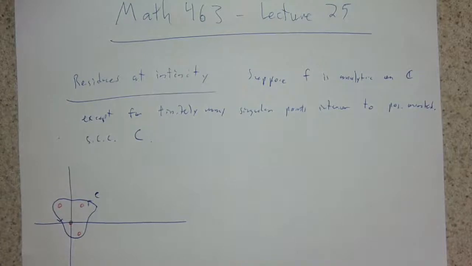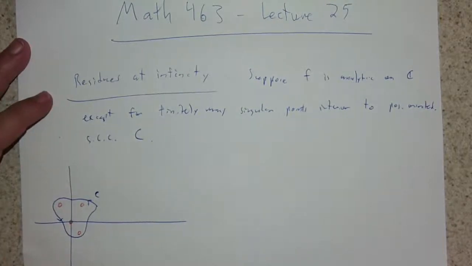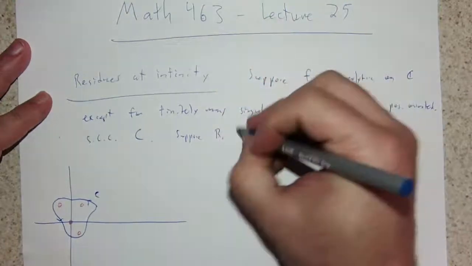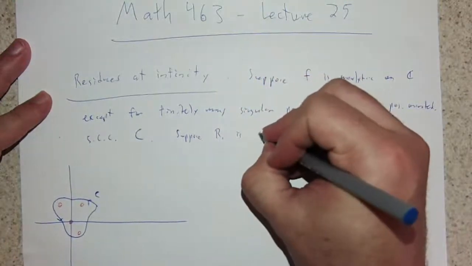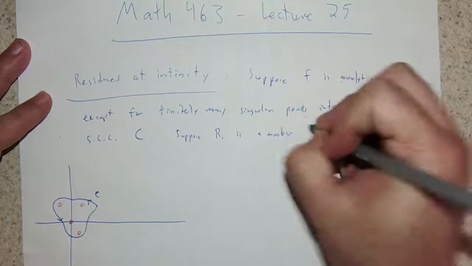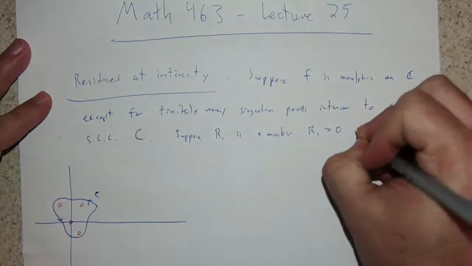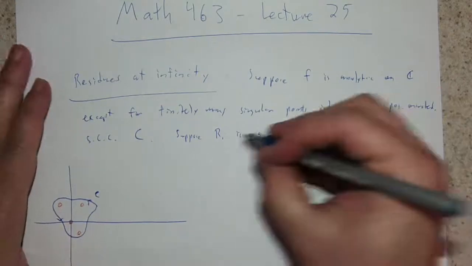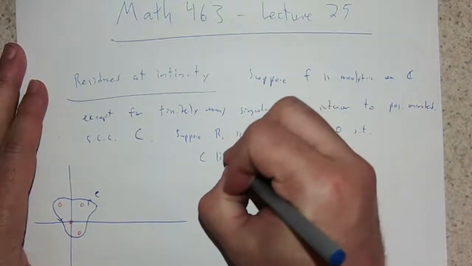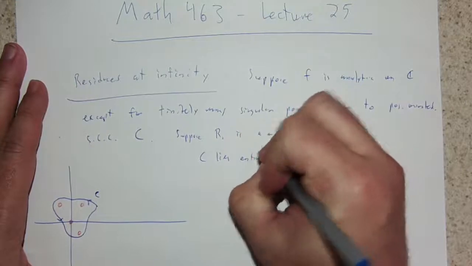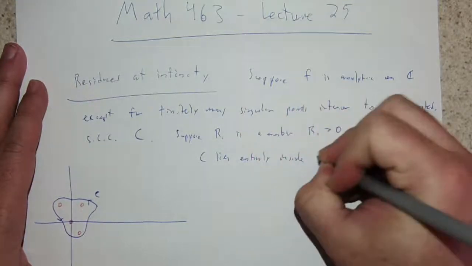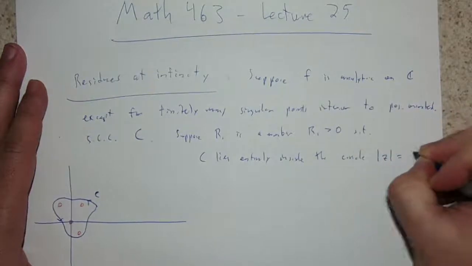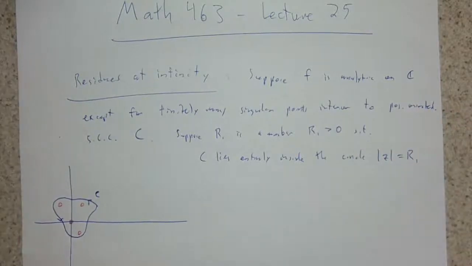Now, suppose that r sub 1 is a positive real number such that C lies entirely inside the circle of radius r sub 1 centered at the origin.